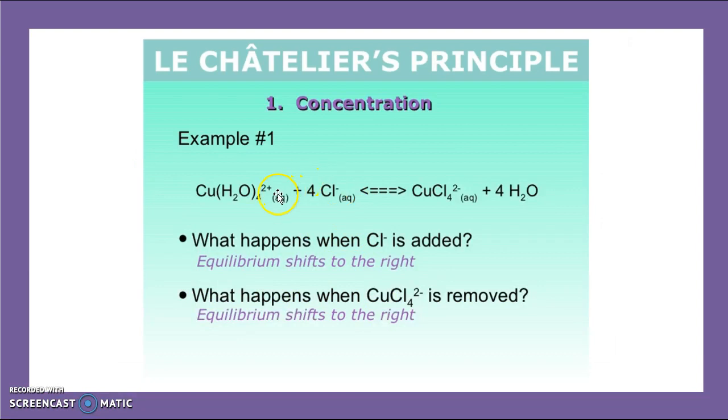For example, if you add chloride in this reaction, the reaction will shift in the opposite direction, to the products. But if you add copper chloride, or if you remove it, it will also shift to the right, to the products. Then it will go in the opposite direction of the action that is made.